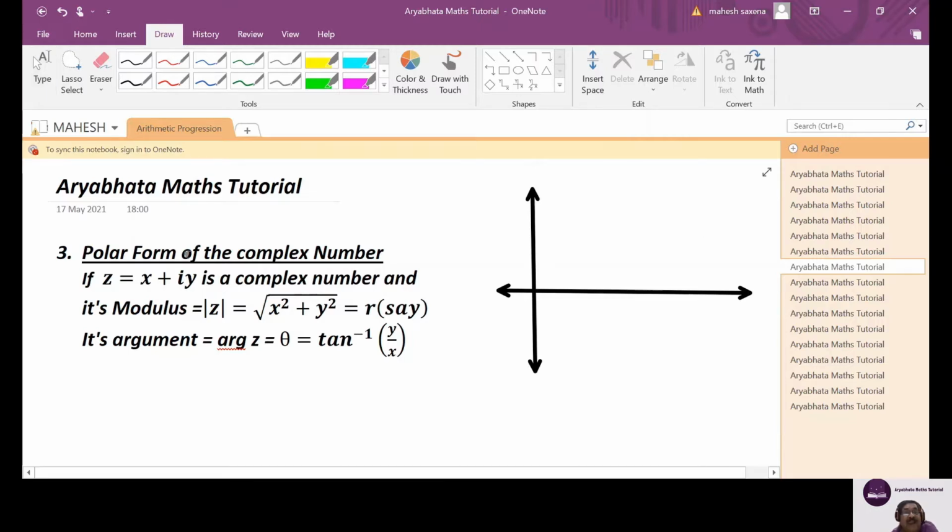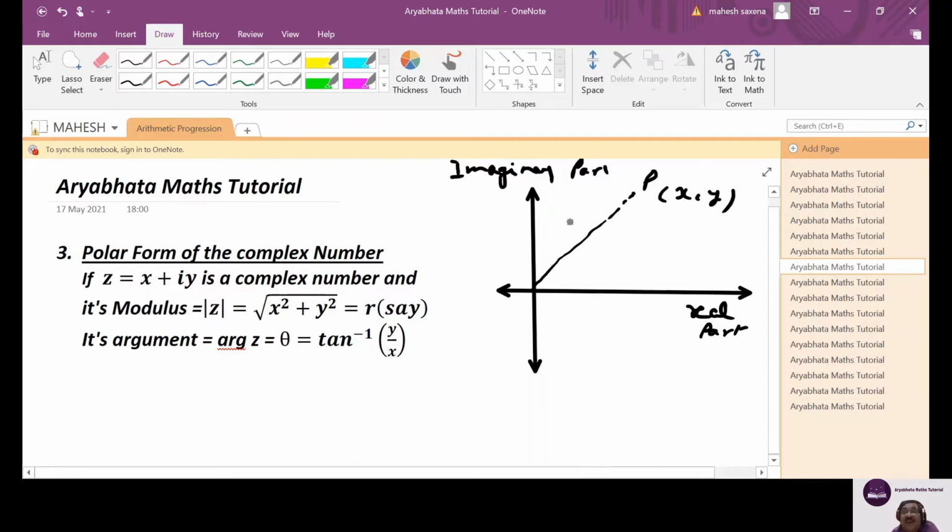Suppose z = x + iy is a complex number. We take the real part x on the x-axis and the imaginary part on the y-axis, and this is the point P. It is (x, y). Clearly, OP will be the modulus of z, or say it is equal to r.